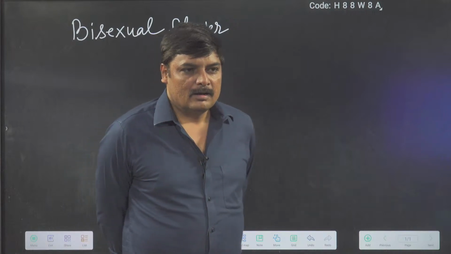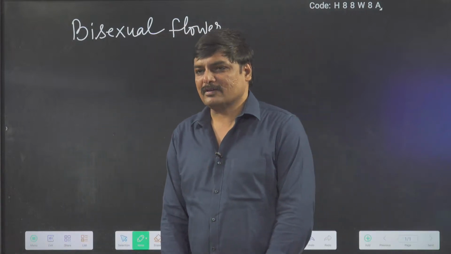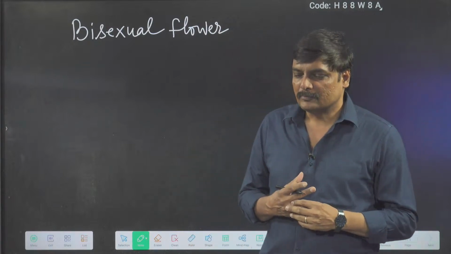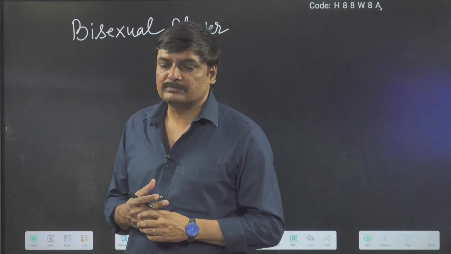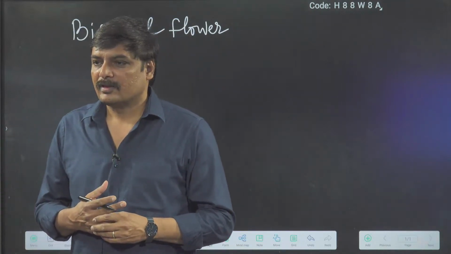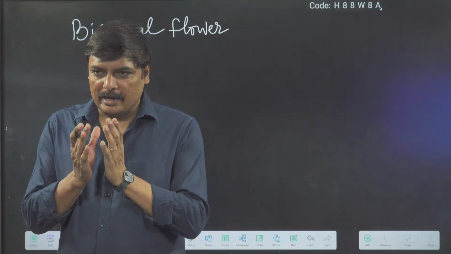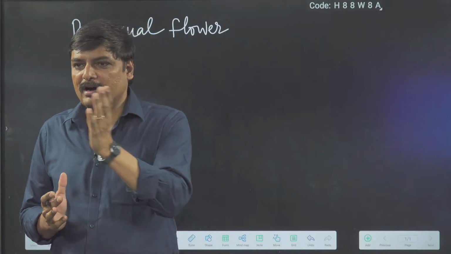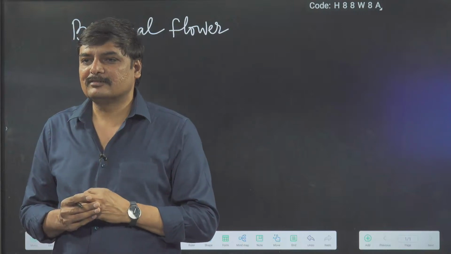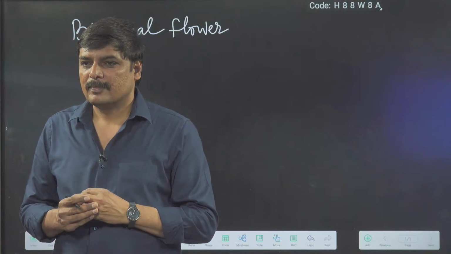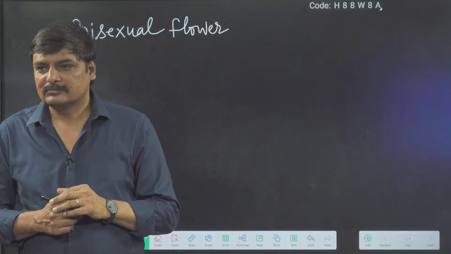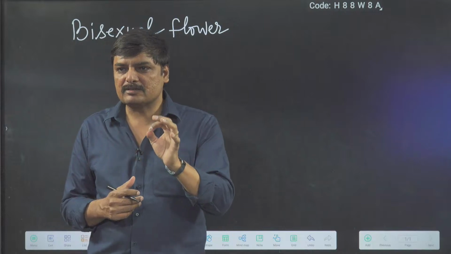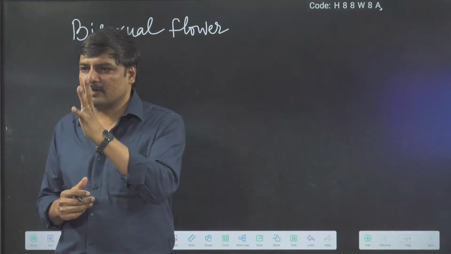Then, what is a unisexual flower? These are all basics. Everybody should know. A flower having either androecium or gynoecium is called a unisexual flower.